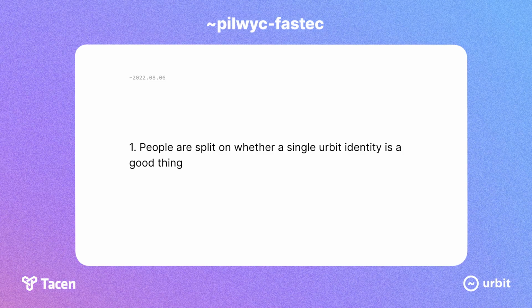So from that perspective, in the words of a lot of the Urbit users, if you have one identity, you end up being kind of cancelable to a certain extent. Some people thought having one identity was very valuable, and some people didn't think it was very valuable and wanted to have multiple identities.